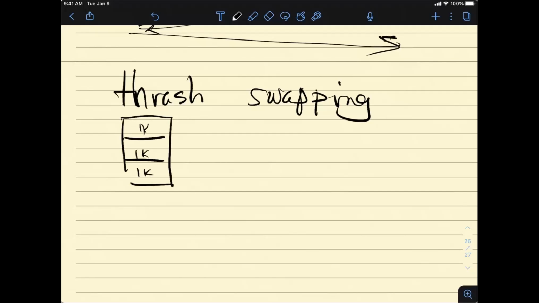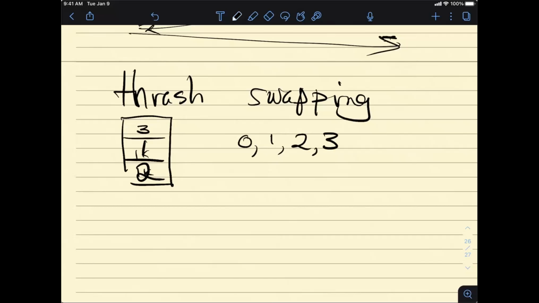Suppose I access the first page, then the second 1K, and then the third 1K. So now you have 0, 1, and 2 in memory. If the very next thing that you needed to do was in block 3 of the address space, well, one of these will have to be thrown away. So let's say I throw away that one, and now I've got 3 here.